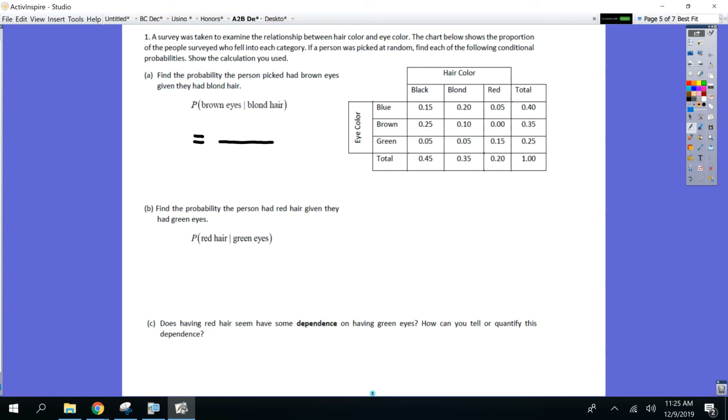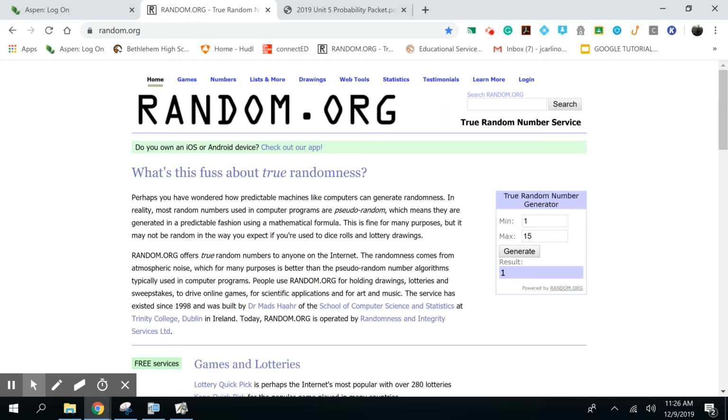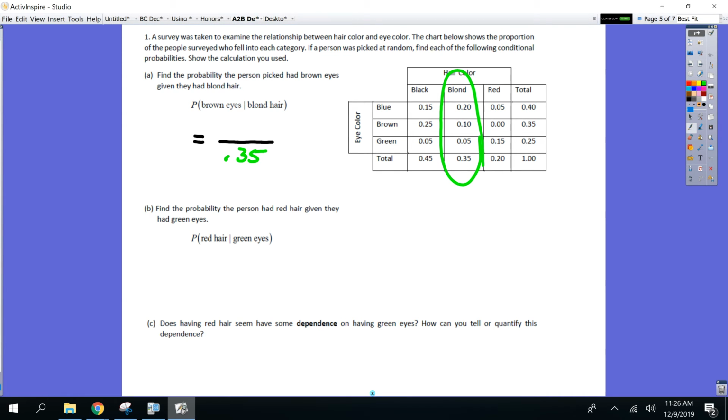So 0.35. This is the only column I'm looking at. They already have blonde hair, so it's going to be something out of 0.35. Brown eyes from those blonde-haired people. 0.131. Yep. Now leave it like that. Let's clean that up a little bit.